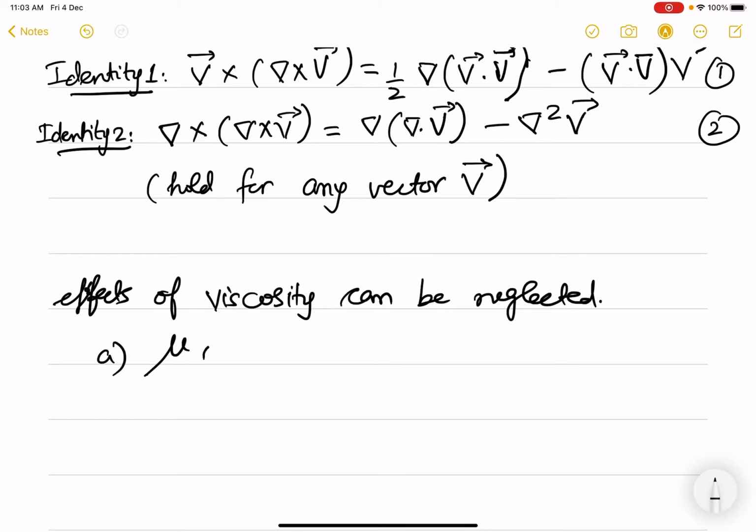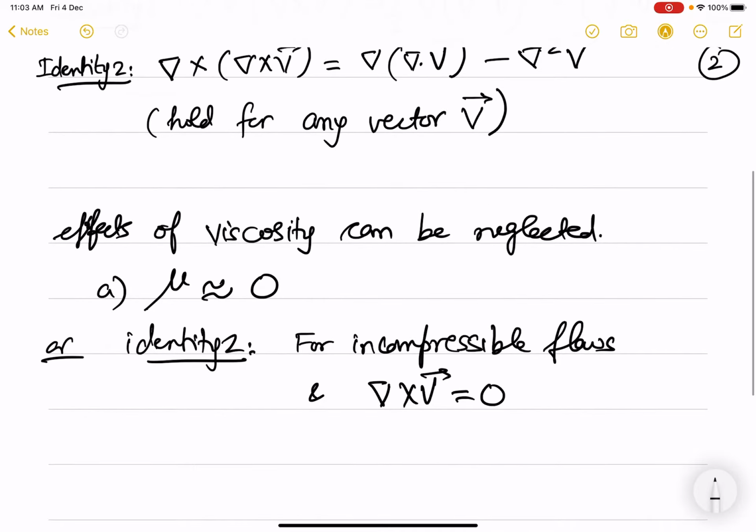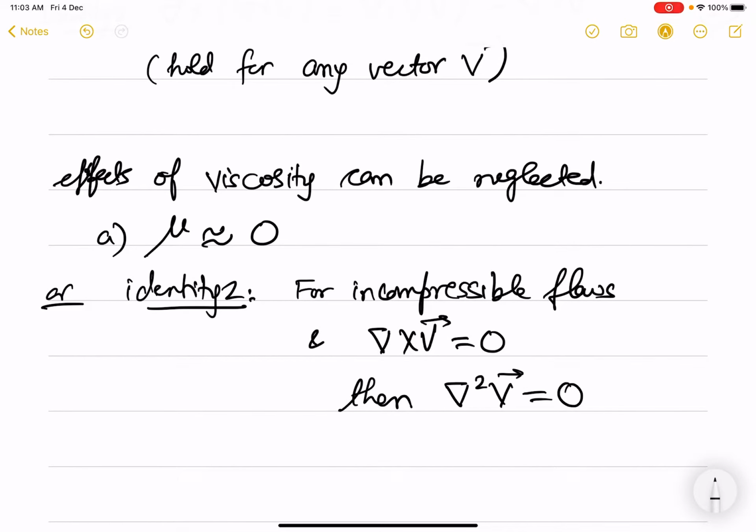Either the coefficient of viscosity is very small or very close to zero, or, as we have seen using identity 2 written above in the last class, if the flow is incompressible and del cross V is equal to 0, then del square V is equal to 0, and this implies that the viscous term becomes 0 irrespective of the value of mu.